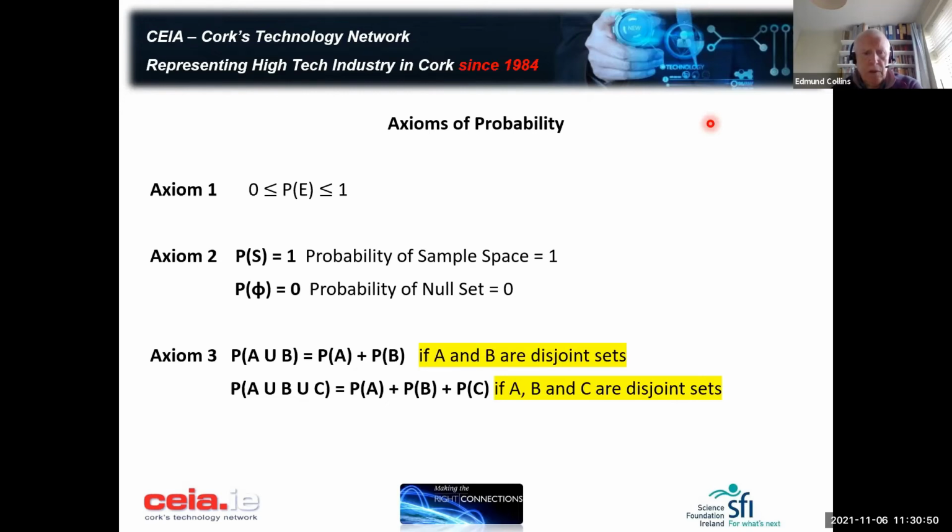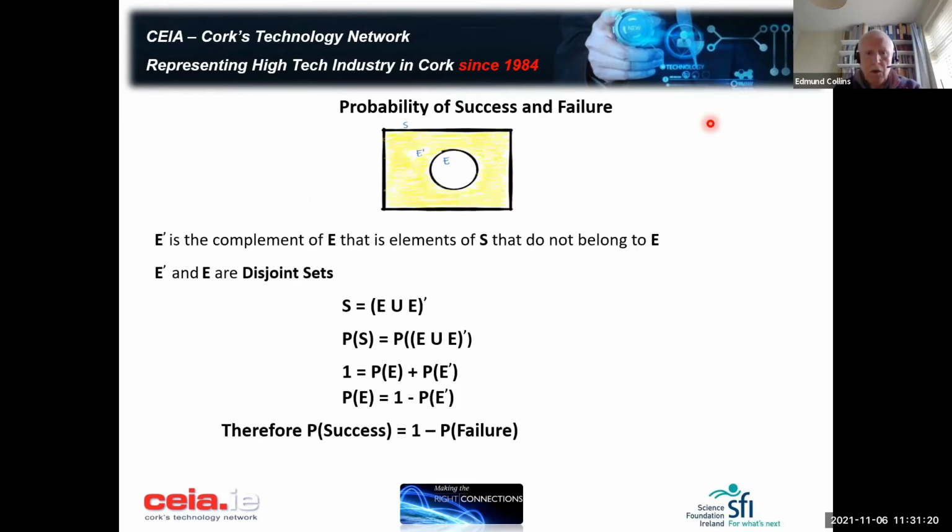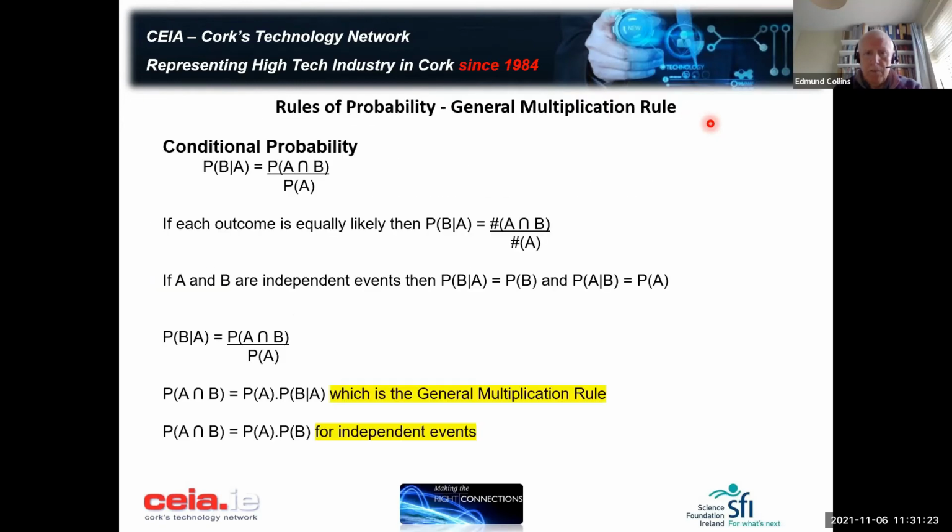Now, I suppose the important one here is axiom 3. If you have an event A or B, the probability of A or B equals the probability of A plus the probability of B, if A and B are disjoint sets.